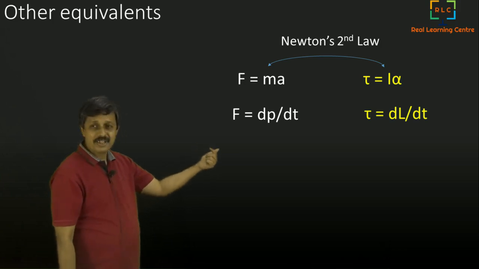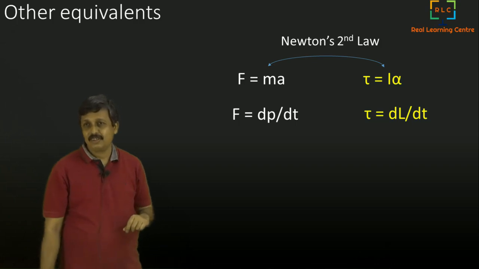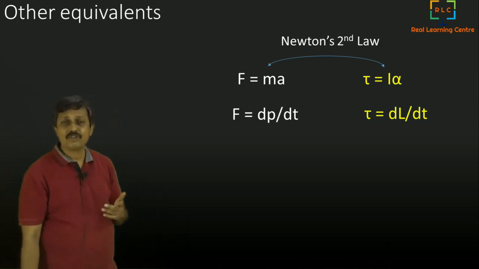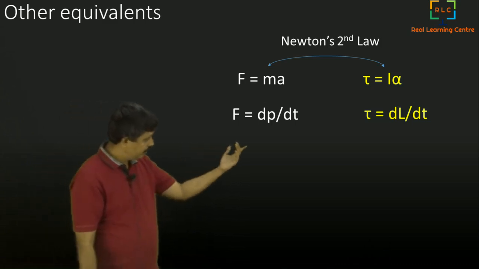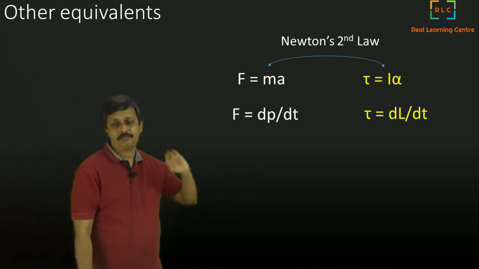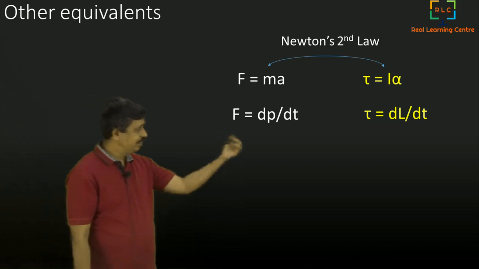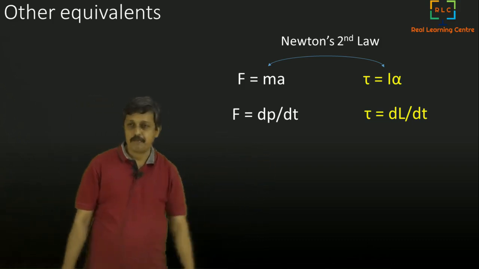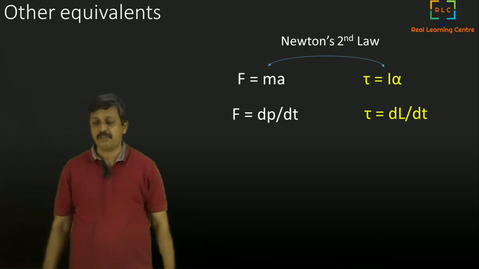That means dp by dt, change in momentum divided by time, is force. Similarly, using angular momentum, dL by dt is tau. So it is the rate of change of angular momentum, where dL is the change in angular momentum and dt is the time. That is the alternate form of Newton's second law.